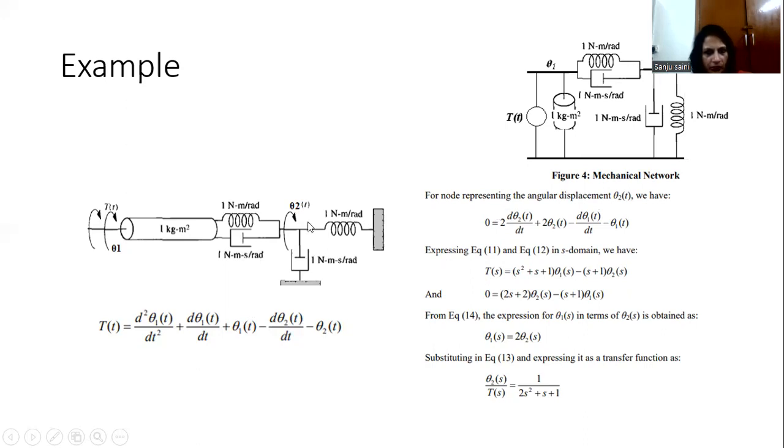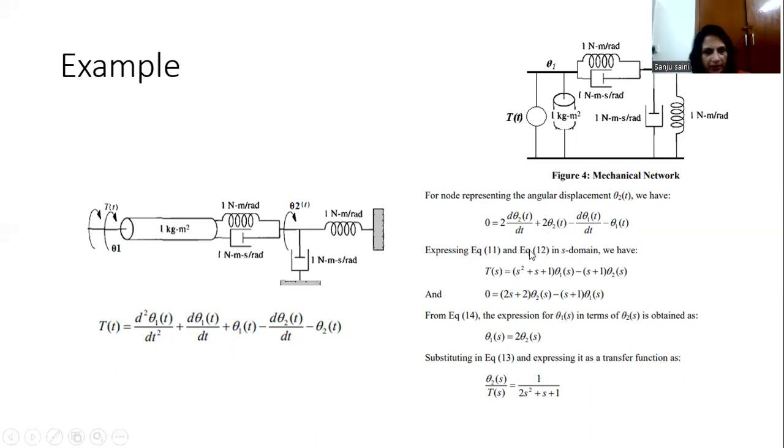This is for theta 1(t), and for theta 2(t), the torque applied is equal to 0. Here we have 2 D d theta 2 by dt plus 2 K theta 2 minus D d theta 1 by dt minus K theta 1.